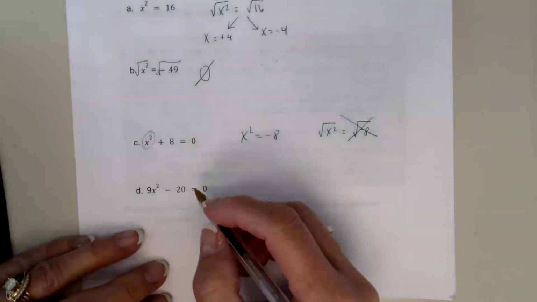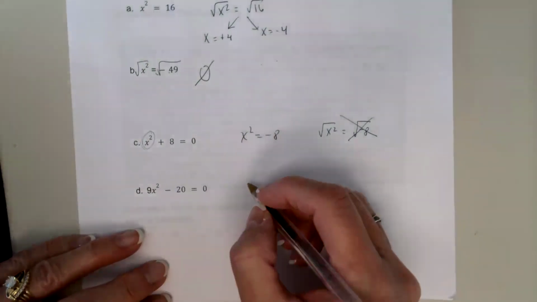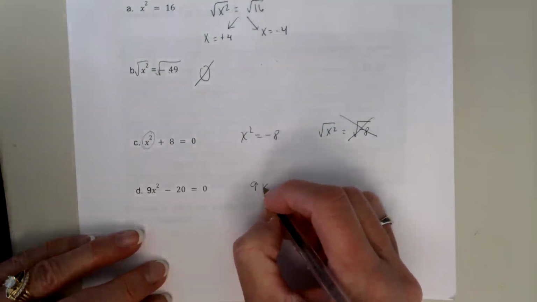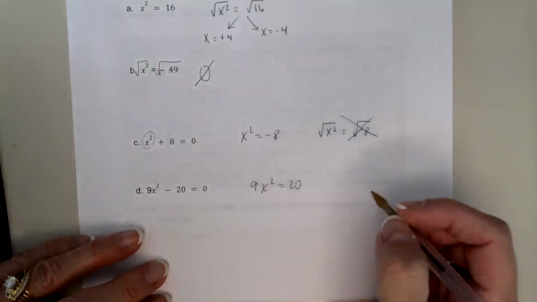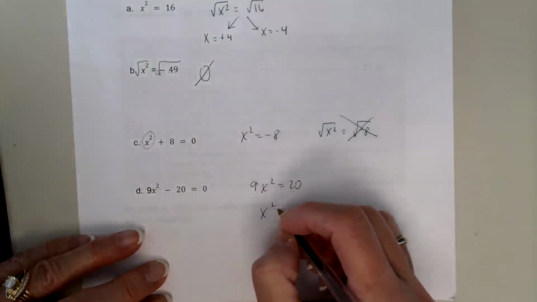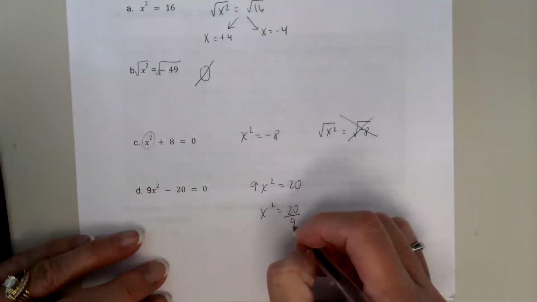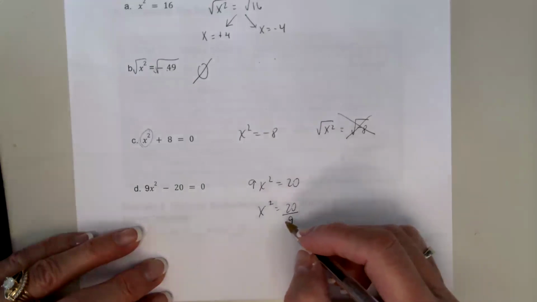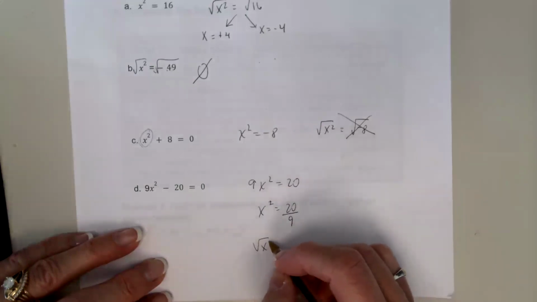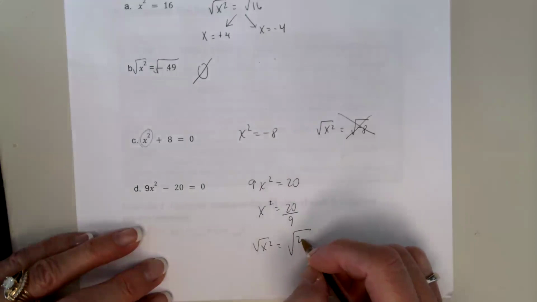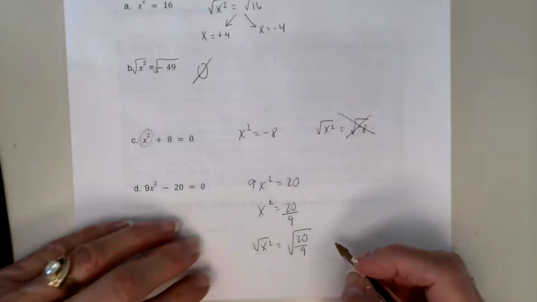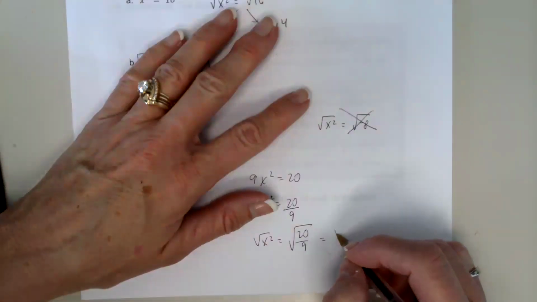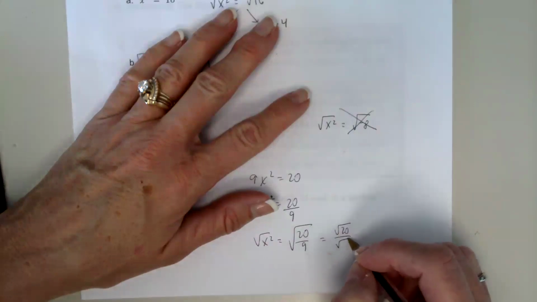So let's look at D. Okay, I want to isolate the x squared. So I'm going to add 20 to both sides. And then I'm going to divide both sides by 9. And before I do that, I'm going to just go ahead and take the square root of both sides. And we can take the square root of 20 over the square root of 9.